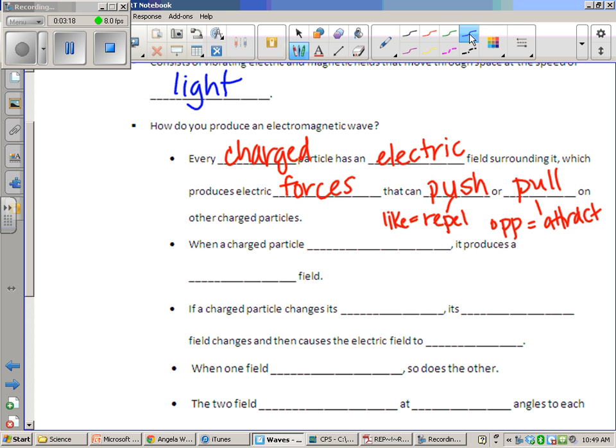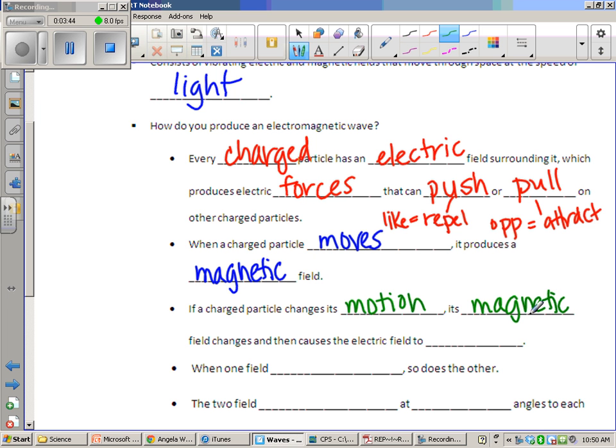Well, what happens when a charged particle moves is that it produces a magnetic field. Now, if a charged particle changes its motion, then its magnetic field changes, and then it causes the electric field to also change.